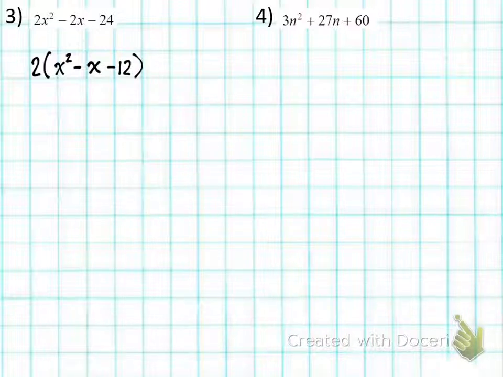Step 2, if you could use an x box, use it, right? Can we do an x box on this part now? Yeah, what is A equal to? 1. B? Negative 1, good. C? Negative 12. Okay, so we're going to do an x box now.